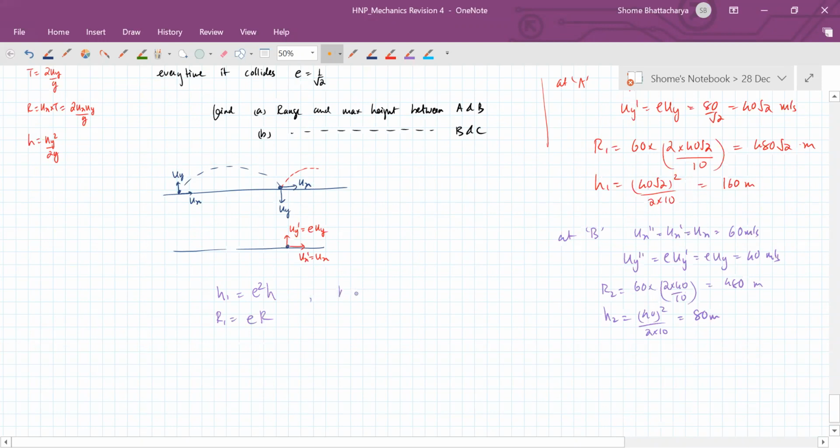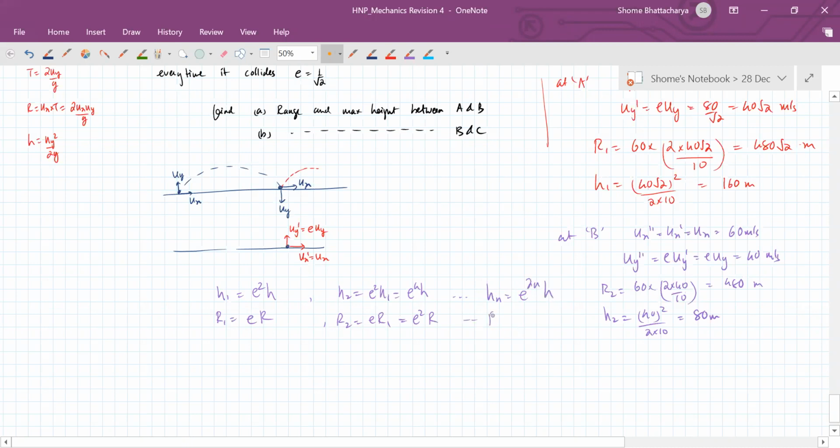So after the next collision, your H2 will become e squared times H1, or that is e to the power 4 times H. Whereas your range will be e times R1 or e squared times R. So like that, after the nth impact, your height will become e to the power 2n times the original height.